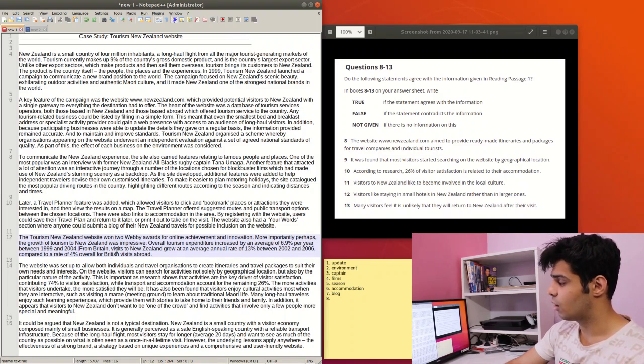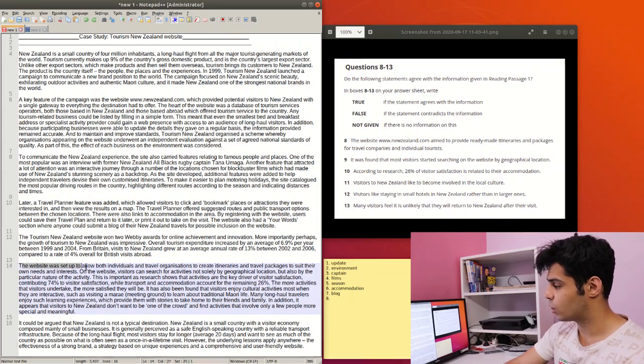From Britain, visits to New Zealand grew at an average annual rate of 13% between 2002 and 2006, compared to a rate of 4% overall for British visits abroad. So they're just telling how the website impacted in a positive way, increased the visits to New Zealand, increased their revenue. The website was set up to allow both individuals and travel organizations to create itineraries and travel packages to suit their own needs and interests.